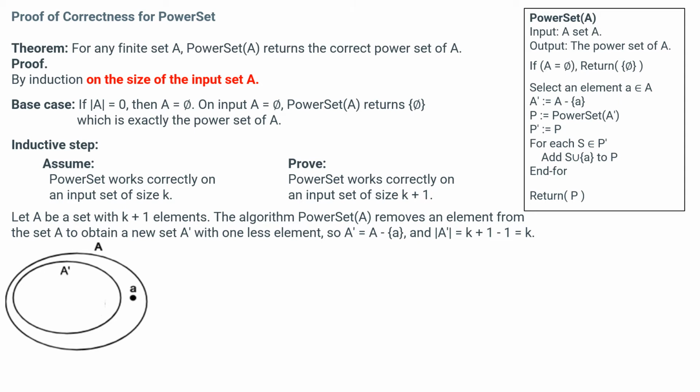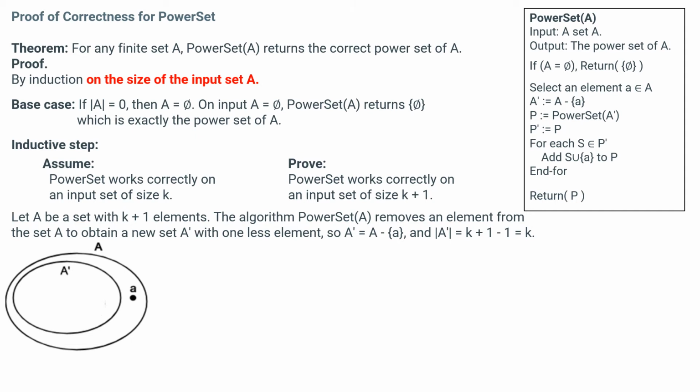So we're going to have a picture here where we have big A, which is the entire set that has k plus 1 elements. We see this little element here called little a, and that's the one we're going to take out. Then if we take that out, we'll call everything else, the set with little a taken out, A prime.